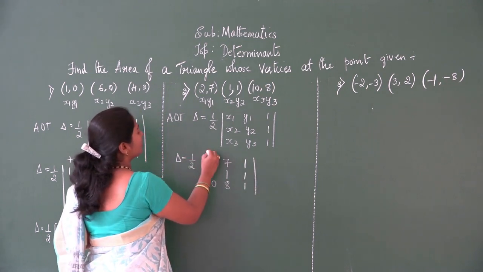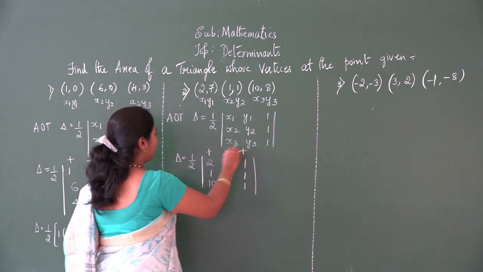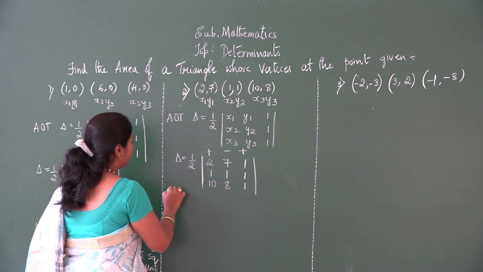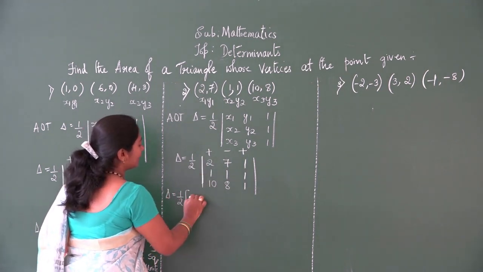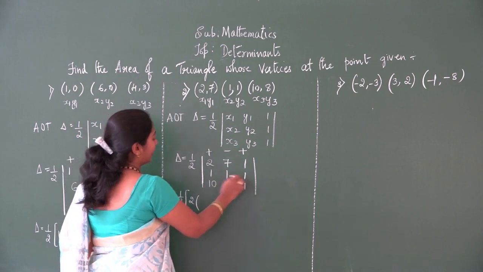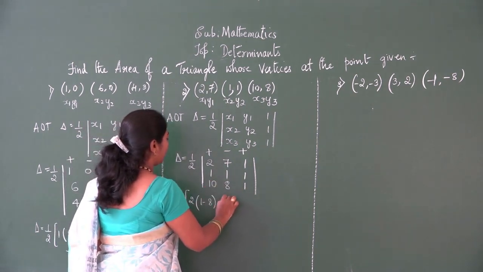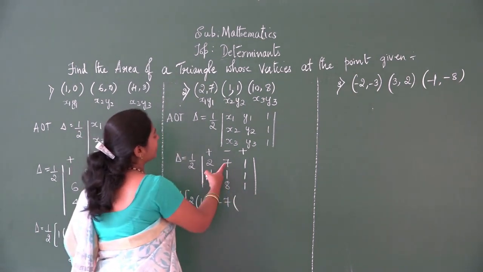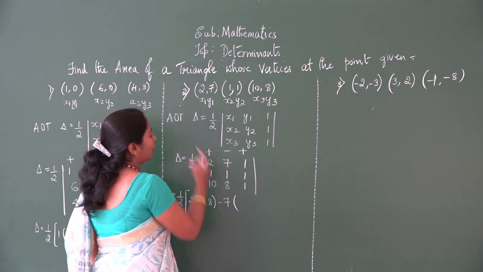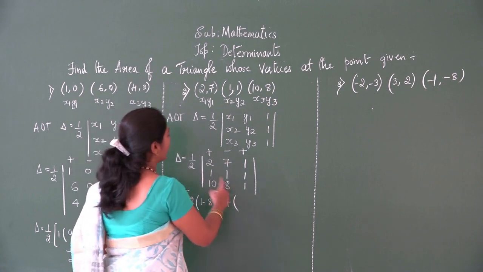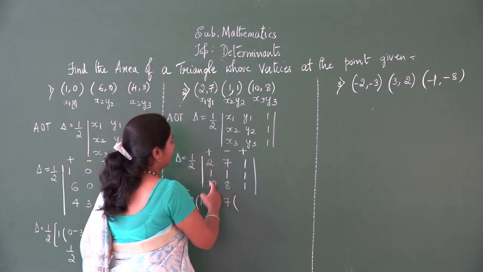What are the signs associated? Plus, minus and plus. Now we shall expand the determinant, that is delta is equal to half into, when I consider 2, it is 1 minus 8. Similarly, minus 7 into, since I am considering minus 7, leave the row of minus 7 and the column of minus 7. Left out is 1, 1, 10 and 1.